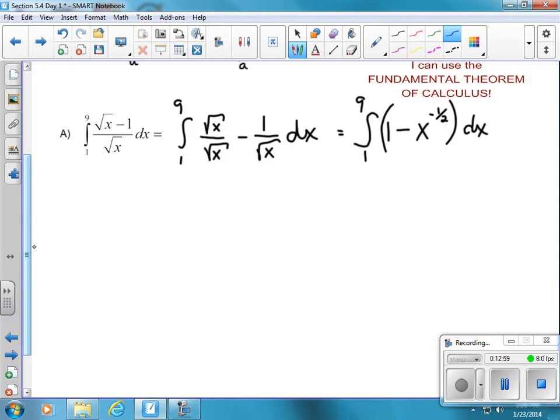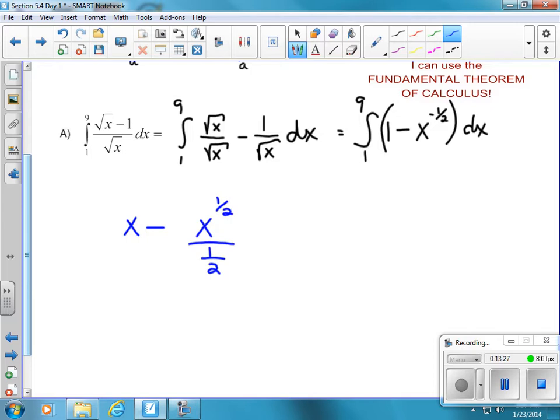All right, so let's take the antiderivative, or the integral. The antiderivative of 1 is x. The antiderivative of x to the negative 1/2: we're going to add 1 to the exponent, that gives us a positive 1/2, and we're going to divide by that 1/2, that new number.